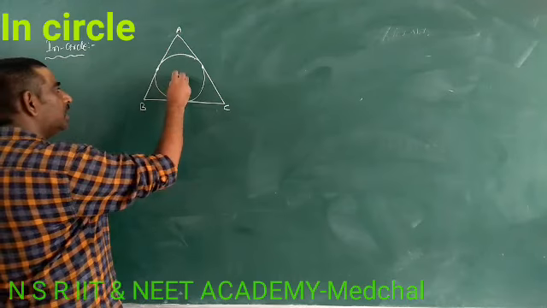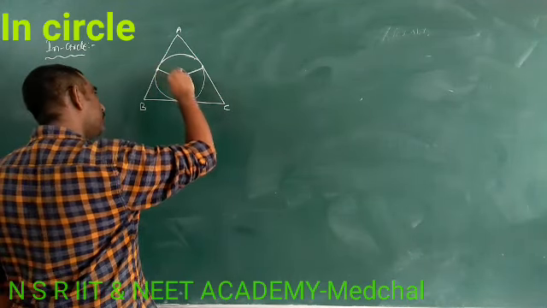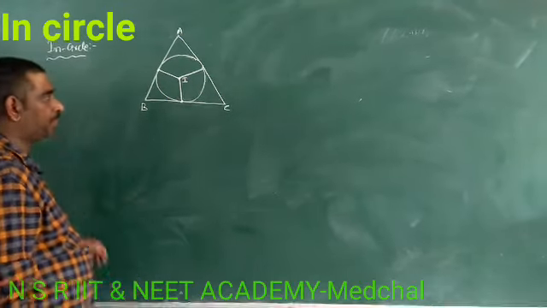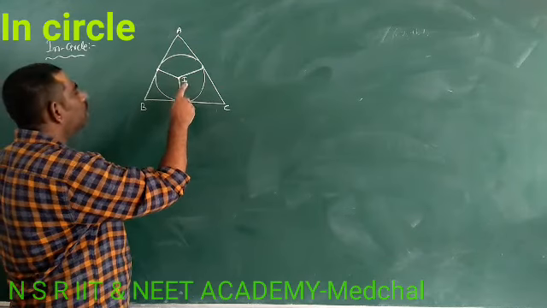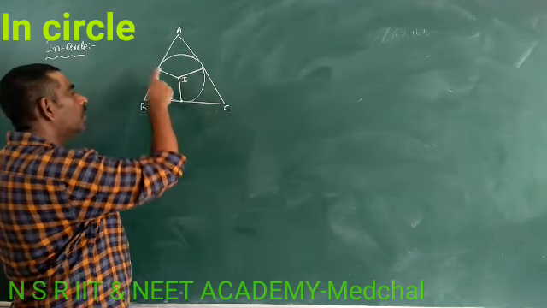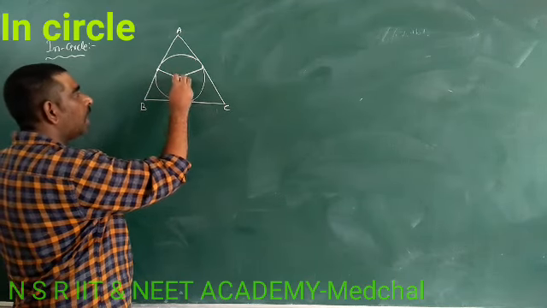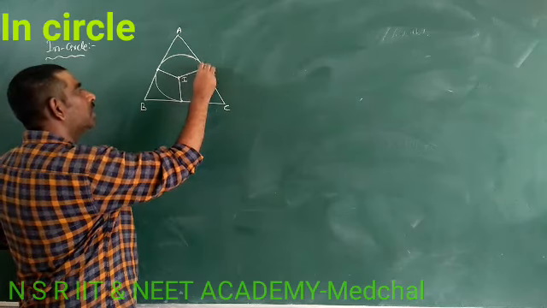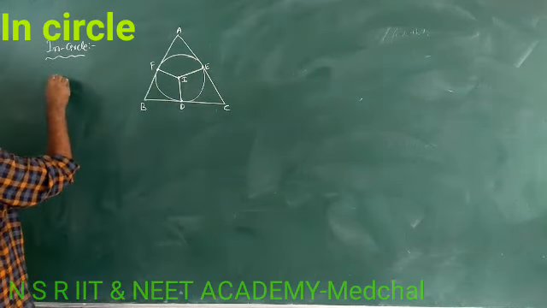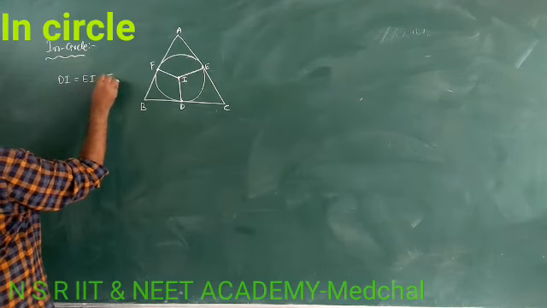The in-center is equidistant from all the sides of the triangle. Suppose we take the touching points as E, D, F. DI equals EI equals FI.